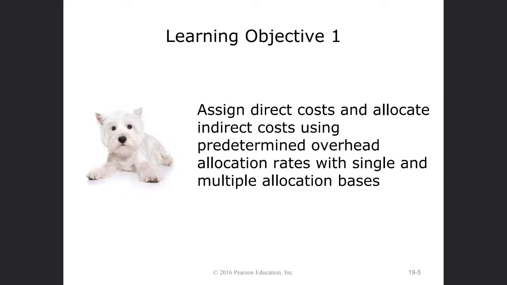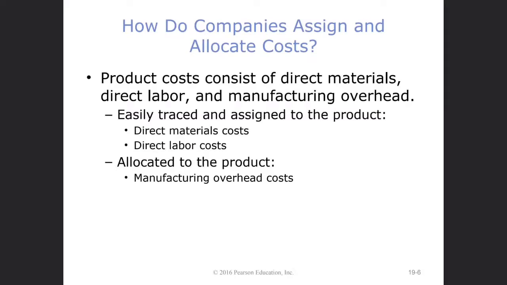So for learning objective 1, assigning direct cost and allocating our indirect cost using a predetermined overhead allocation rate with single and multiple allocation bases. So how do companies assign and allocate cost? We have product cost consists of direct materials, direct labor, and manufacturing overhead.